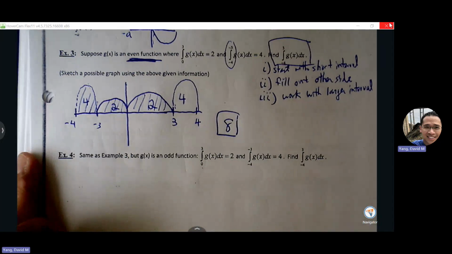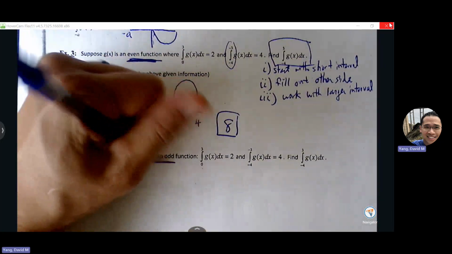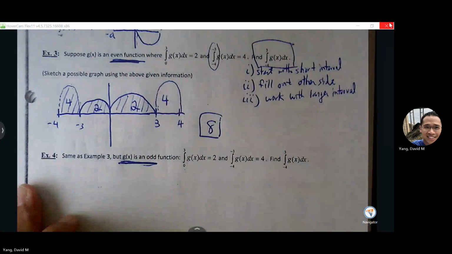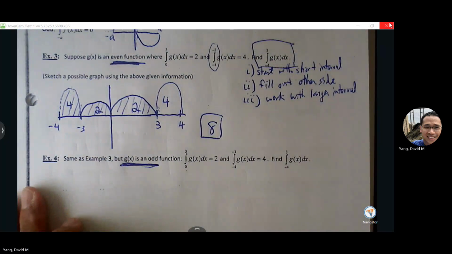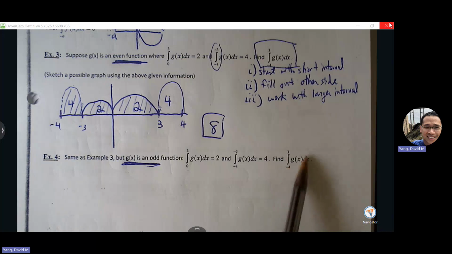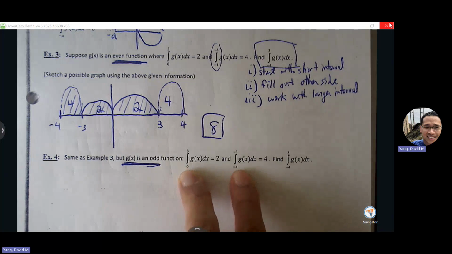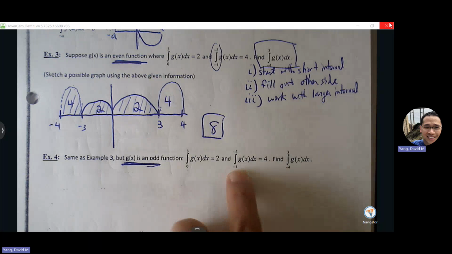Okay, next one, same as example 3, but now we want to make it an odd function. Okay, so we're trying to find the integral from -4 to 3, but we're going to ignore that. Which one do I want you to start with? Smaller interval, right?